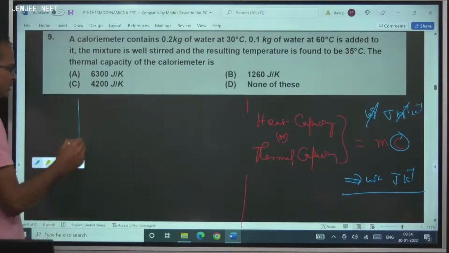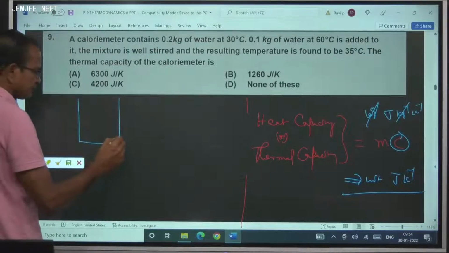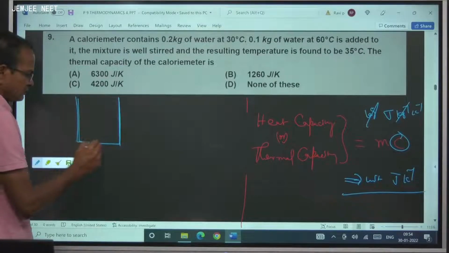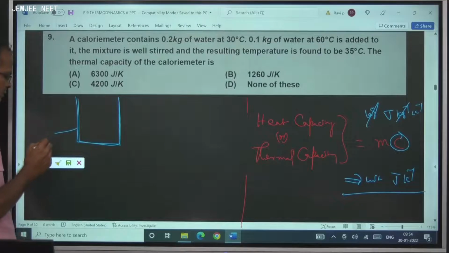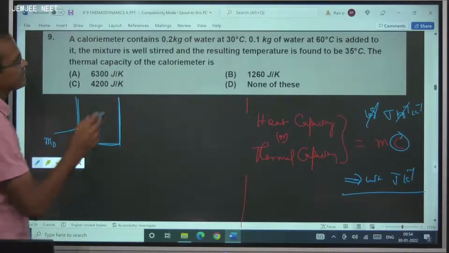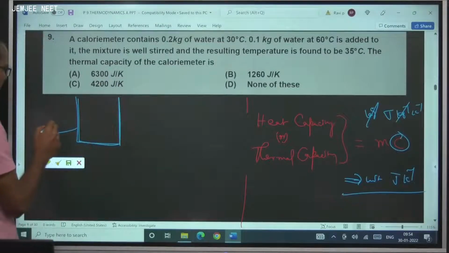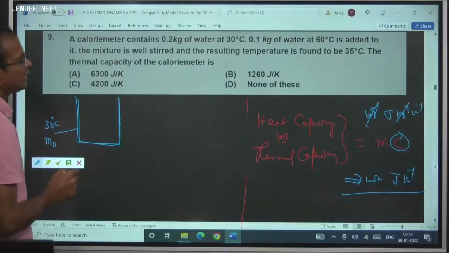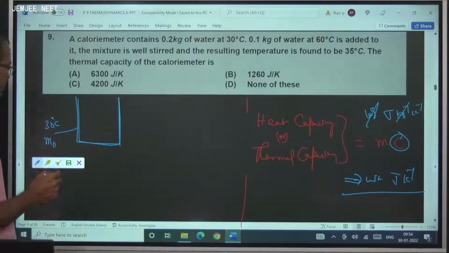This is your calorimeter, having mass m0 at the temperature, as per this question, 30 degrees Celsius, and its specific heat is C0.